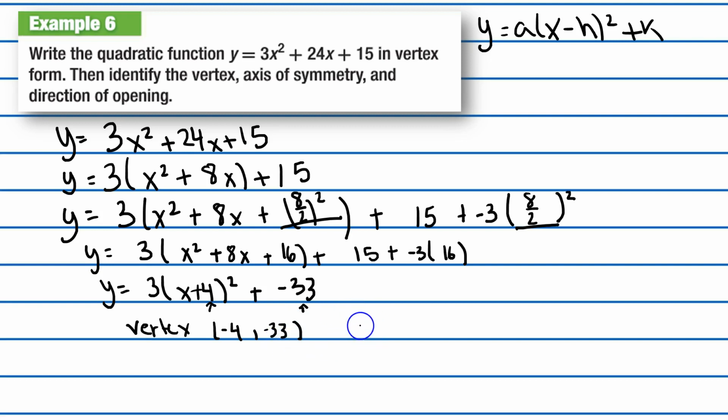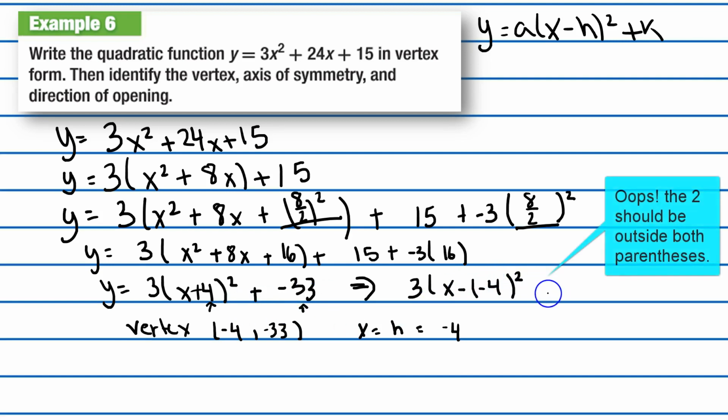Our axis of symmetry was that when x is equal to h, therefore our h is negative 4. And if you're still confused when I'm saying negative 4, I have 3 times (x minus negative 4). And a negative times a negative makes a positive.